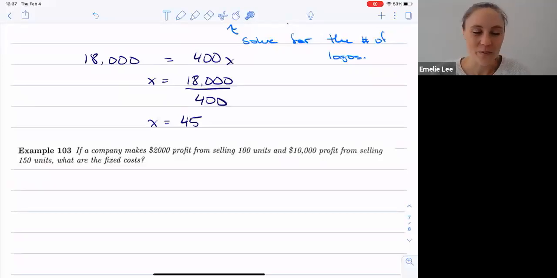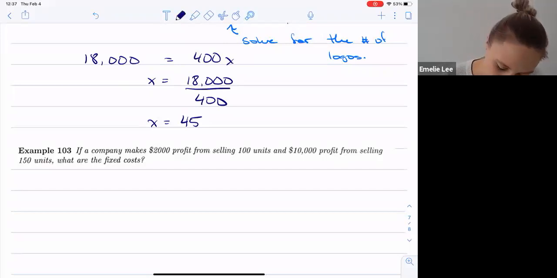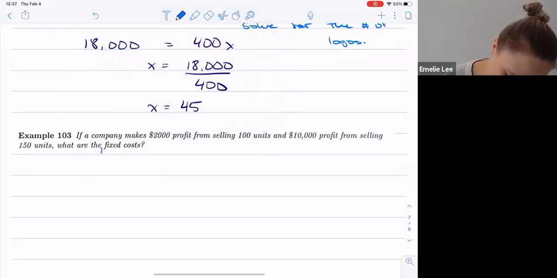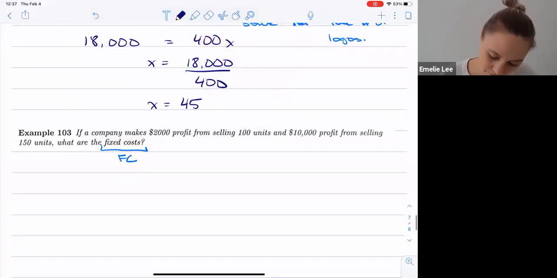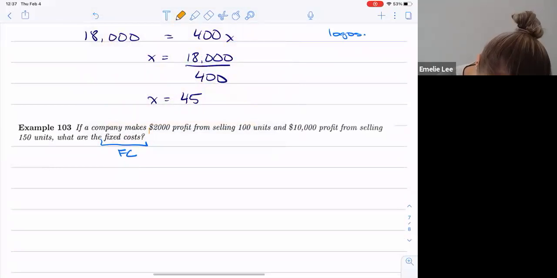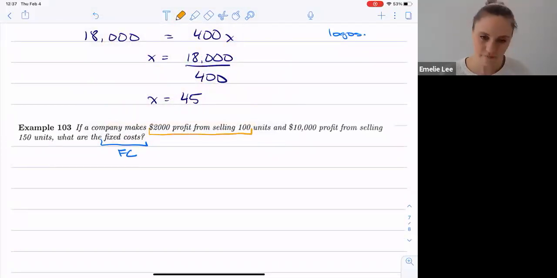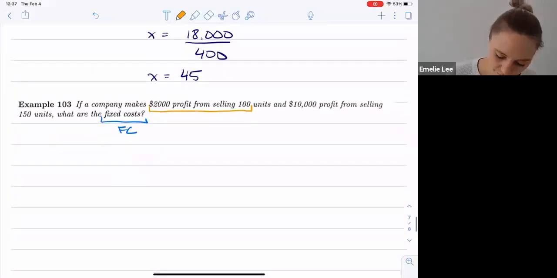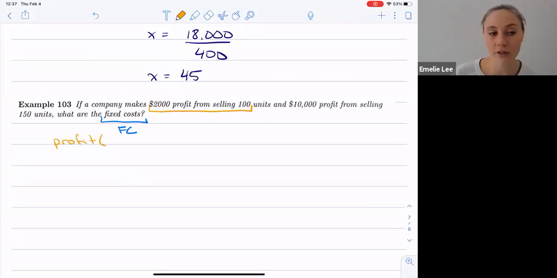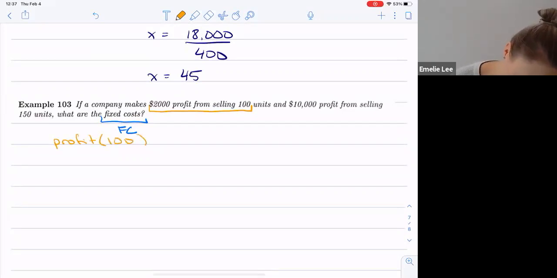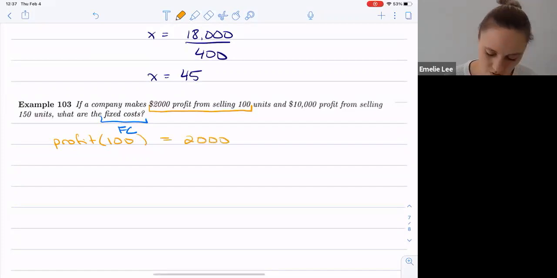So let's break down the information that we have. What we're trying to solve for here is FC, right? What we're told, and maybe I'll underline it in different colors, is that the profit at 100 units, the profit of 100, is 2,000.